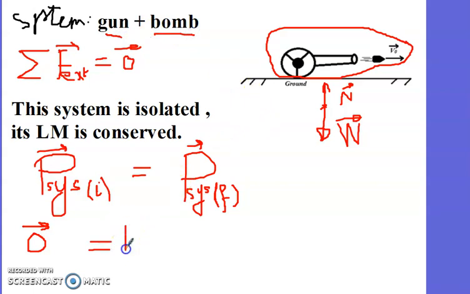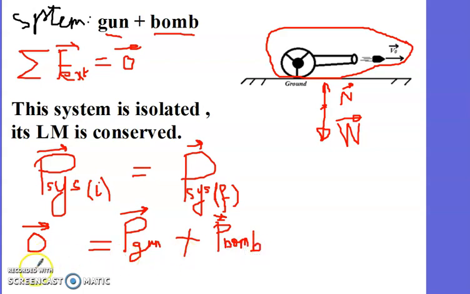The linear momentum of the system of particles, you remember, is P1 plus P2 plus, right? So here we have only two objects: the linear momentum of the gun plus the linear momentum of the bomb. Any problem?